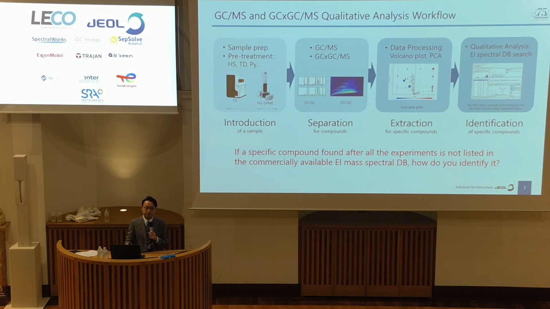Of course, you can read the mass spectrum directly and estimate the structure from it, but it will take a long time, and it is really difficult. This began to motivate the development of AI technologies in our software.